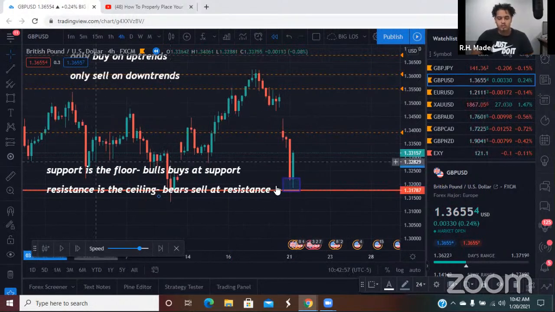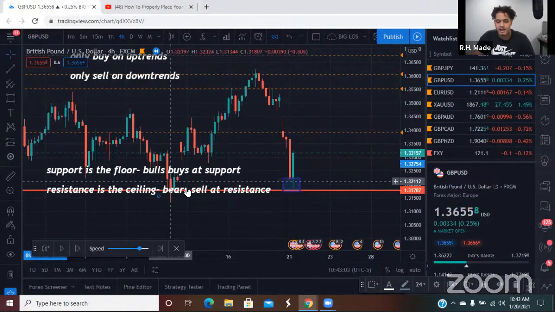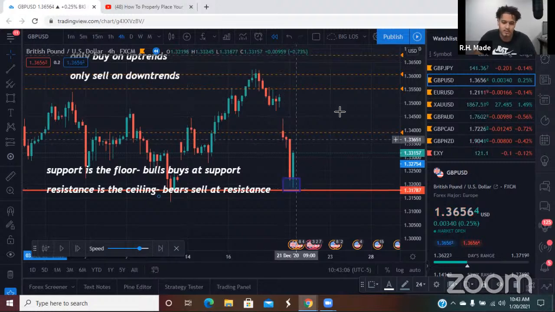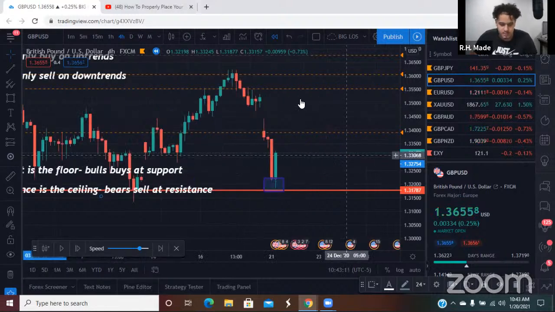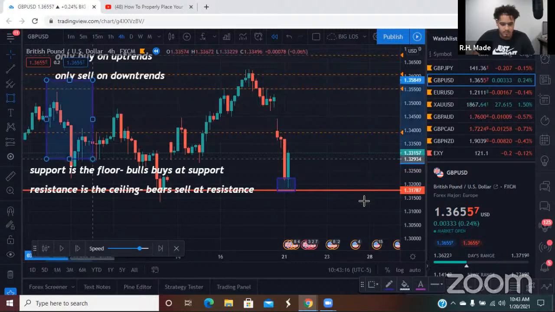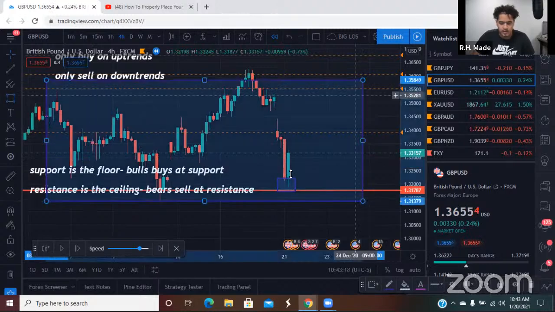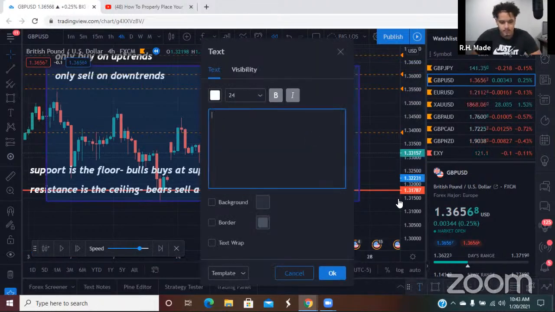Okay, so when bulls are buying at the floor, the bears are selling at the ceiling, at the resistance. So in this picture that you're seeing right now, I'm going to put a box around it. This little box down here is our entry. I'm going to type that in just in case anybody gets confused.